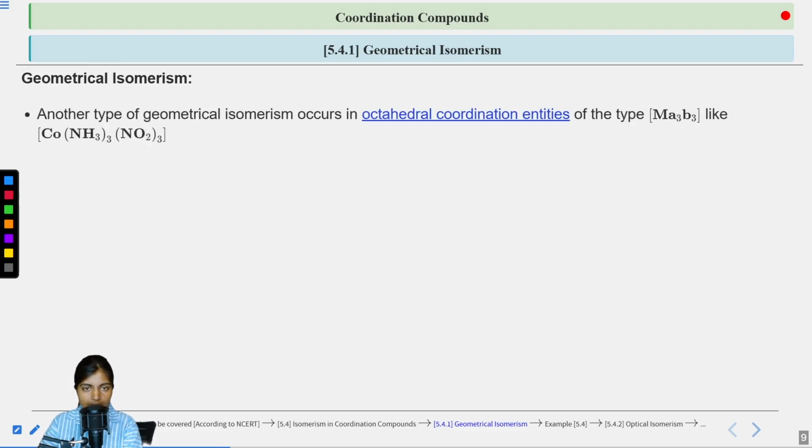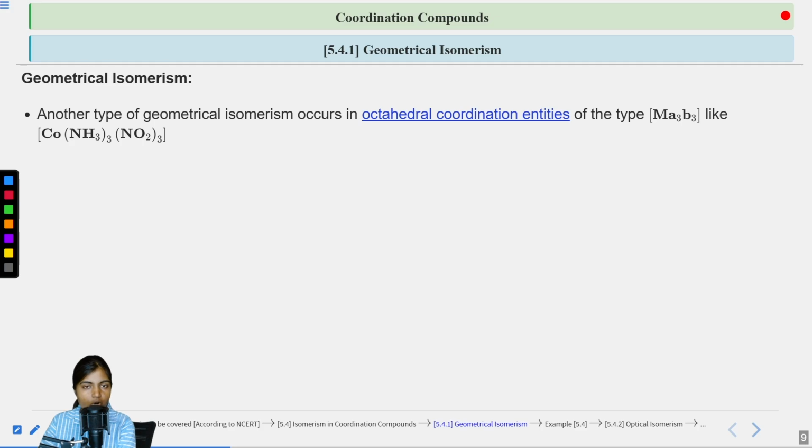Another type of geometrical isomerism occurs in the octahedral coordination entities of the type Ma3b3, like [Co(NH3)3(NO2)3]. So there is another type of geometrical isomerism that you can observe in the octahedral coordination entities.